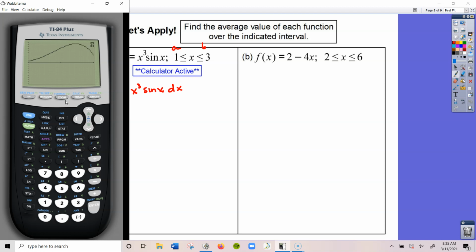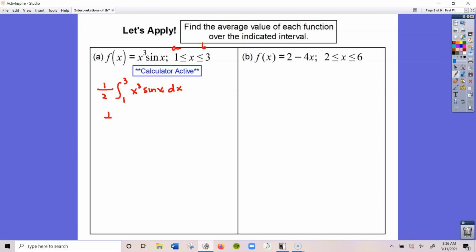Now we can integrate. Option 7, my lower limit is 1. My upper limit is 3. And I get 11.6963.